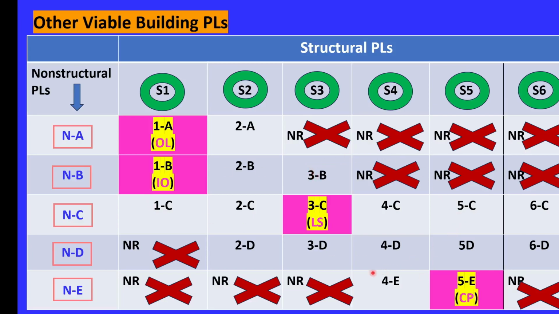Some of the combinations are not viable, which are shown here by red cross marks. For example, let us take this one. Structural performance level S3 and non-structural NA is not recommended. NR means not recommended. Why not recommended? Because your non-structural performance level is highest, whereas structural performance level is much lower.